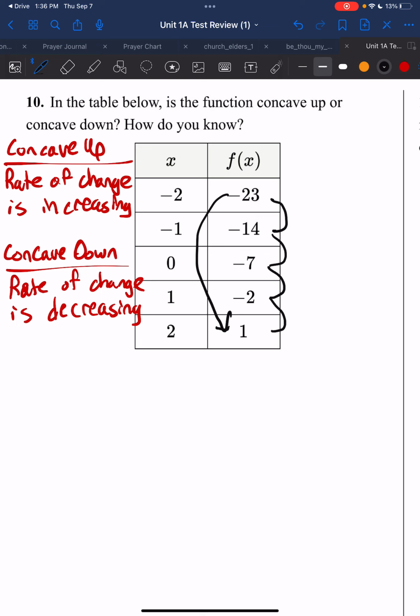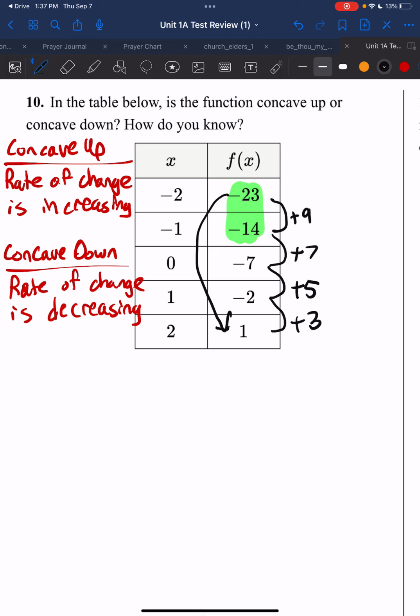From negative 23 to negative 14, I went up 9. Then from negative 14 to negative 7, I went up 7. Then from negative 7 to negative 2, I went up 5. And then negative 2 to 1, I went up 3.